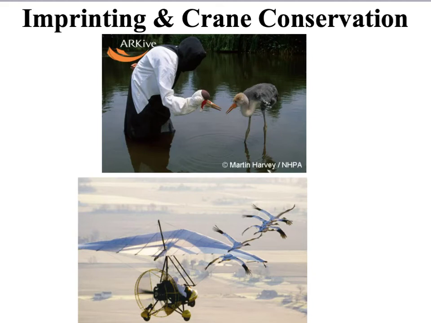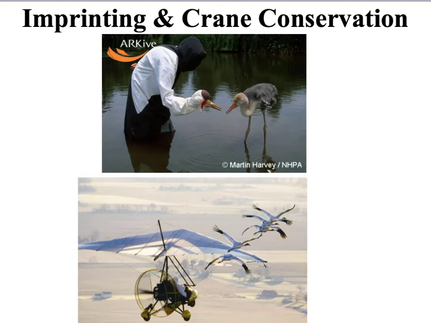An interesting case where humans can use imprinting is with conservation. So here's an example where whooping cranes were imprinted and taught appropriate behaviors by humans that wore crane suits. So here you can see a human in a crane suit, and what they did was they tried to exhibit appropriate crane behaviors and expose the cranes to crane sounds during this imprinting period.